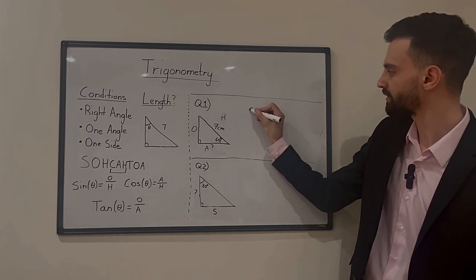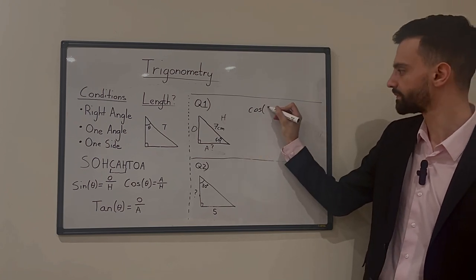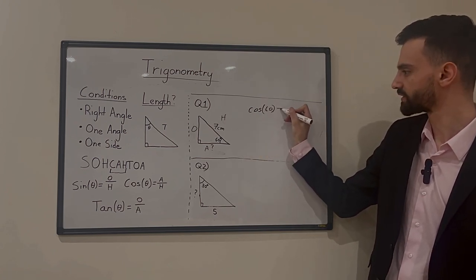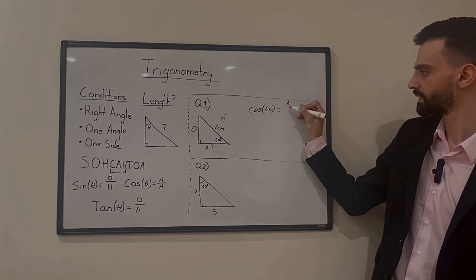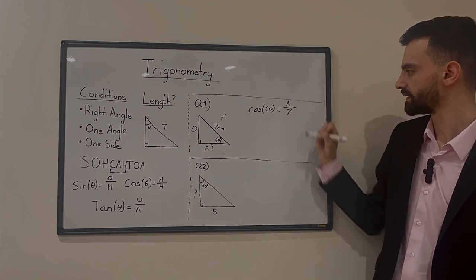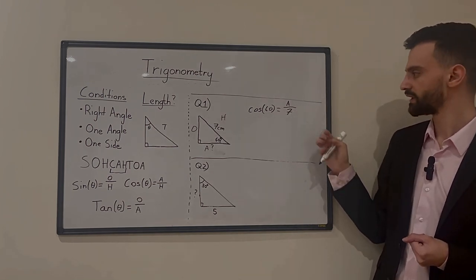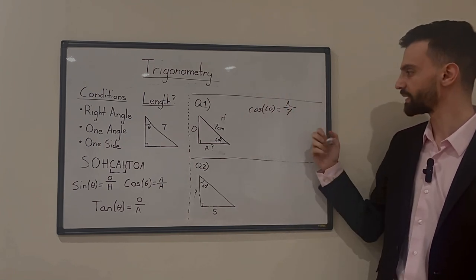I'll write that down. Cos of my angle, which is 60, is going to be equal to A, which I don't know yet, over H, which is 7. I want A by itself, so I'm going to take the divide 7 to the other side by timesing it by 7.